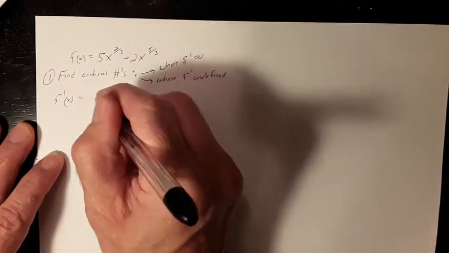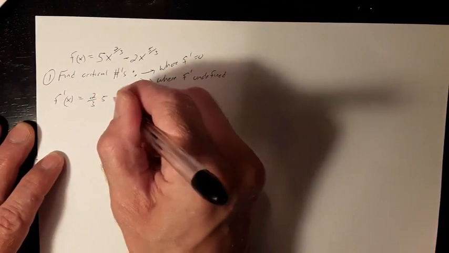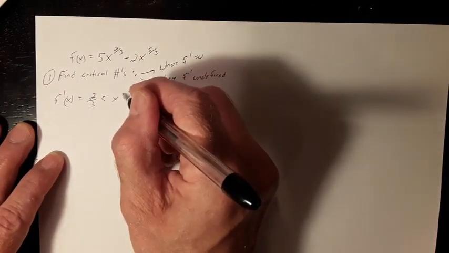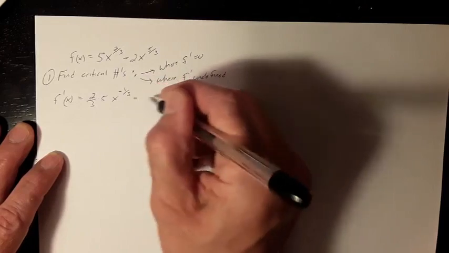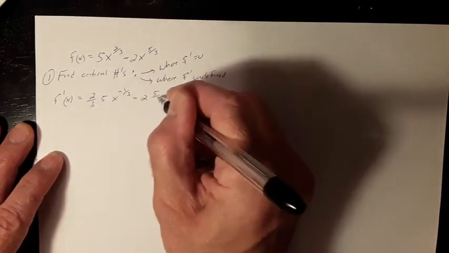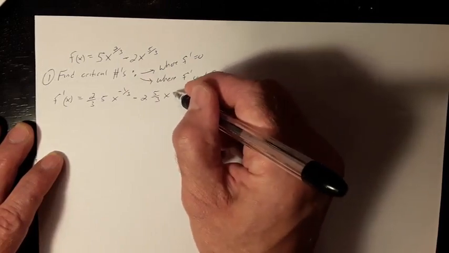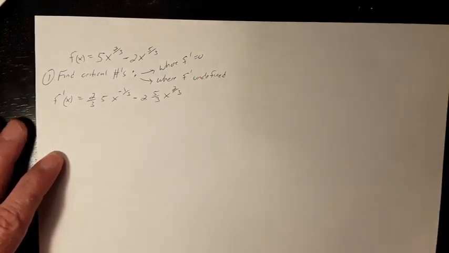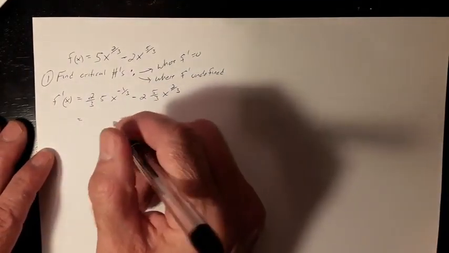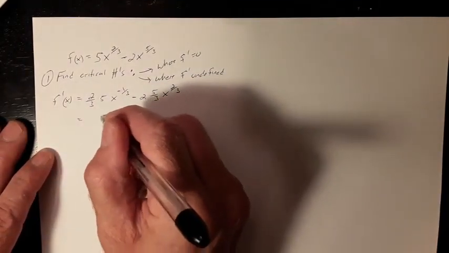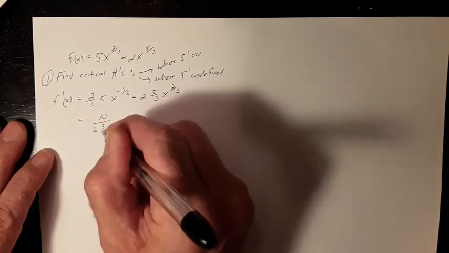Here we're going to have 2/3 times 5 times x to the minus 1/3, minus 2 times 5/3 x to the 2/3. So in other words, we got 10 over 3 times the third root of x.